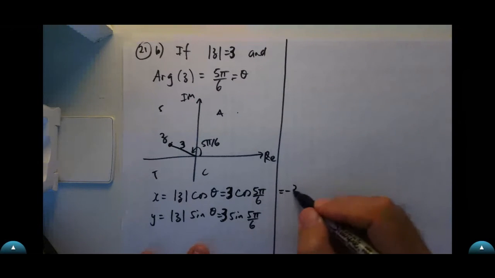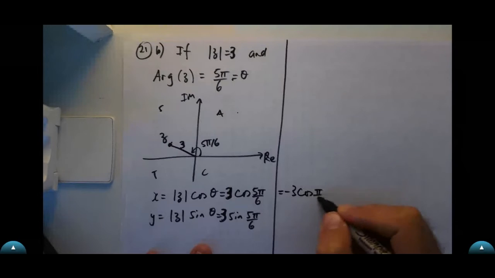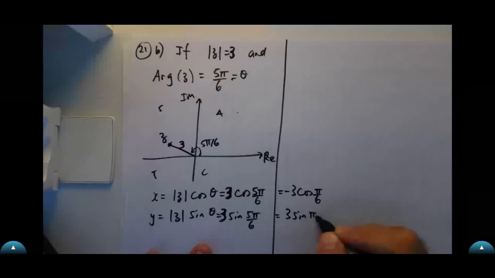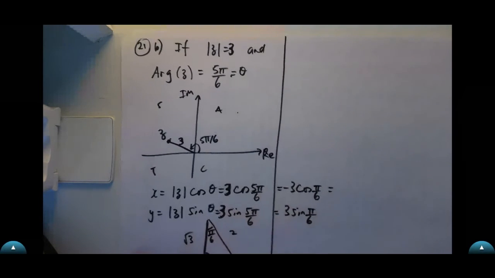And so this will be negative 3 cos pi on 6, and this will be 3 sine pi on 6. If you want to draw in your triangle, you can. It's very easy. This will be 2, this will be 1, root 3, and that'll be your pi on 6.